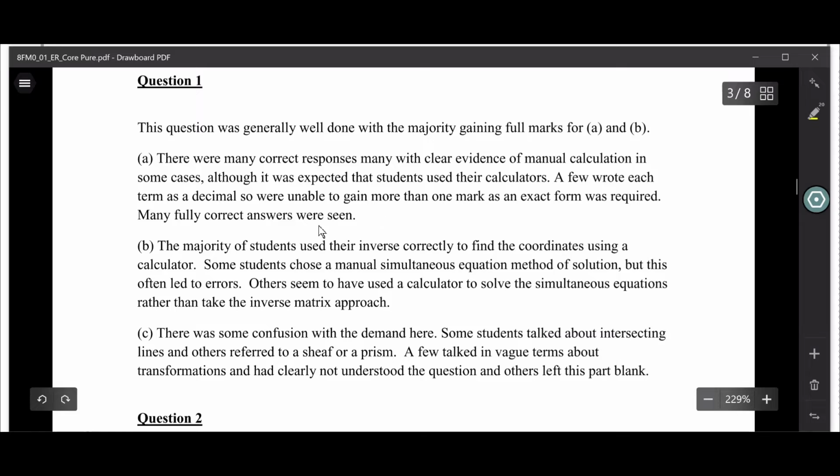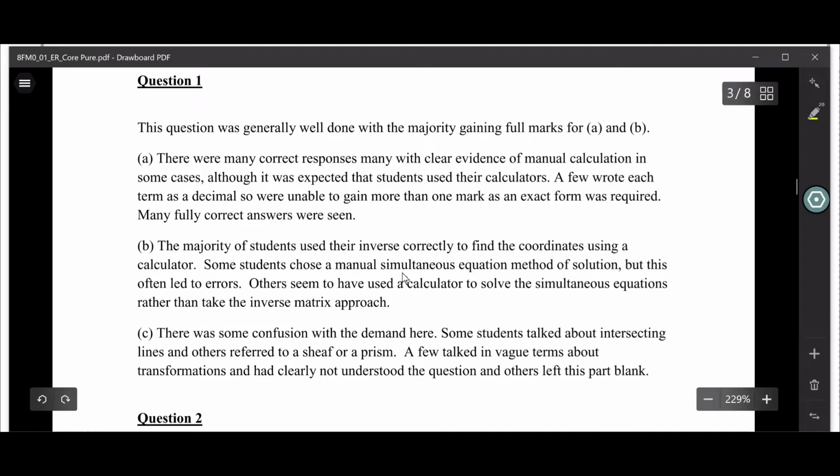Now, a few people wrote their answers as decimals, and therefore they were unable to gain more than 1 mark, because the question said, give your answer in exact form. For part B, the majority of students used their inverse correctly to find the coordinates using a calculator.